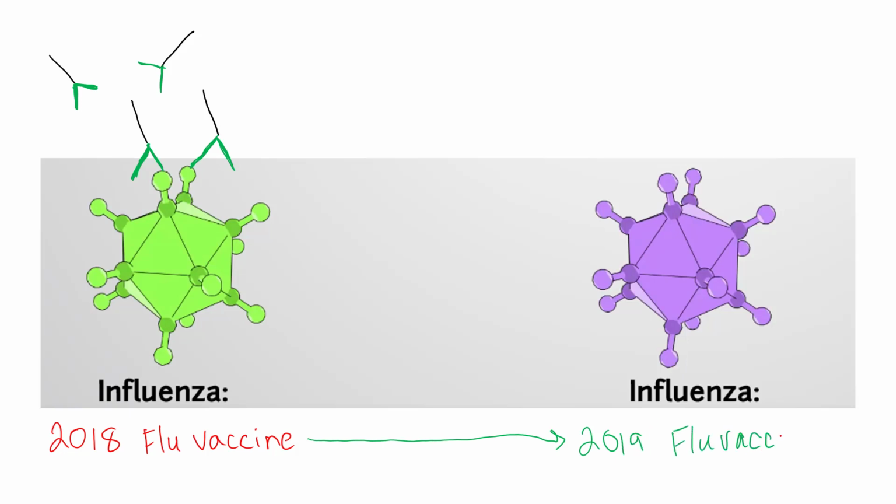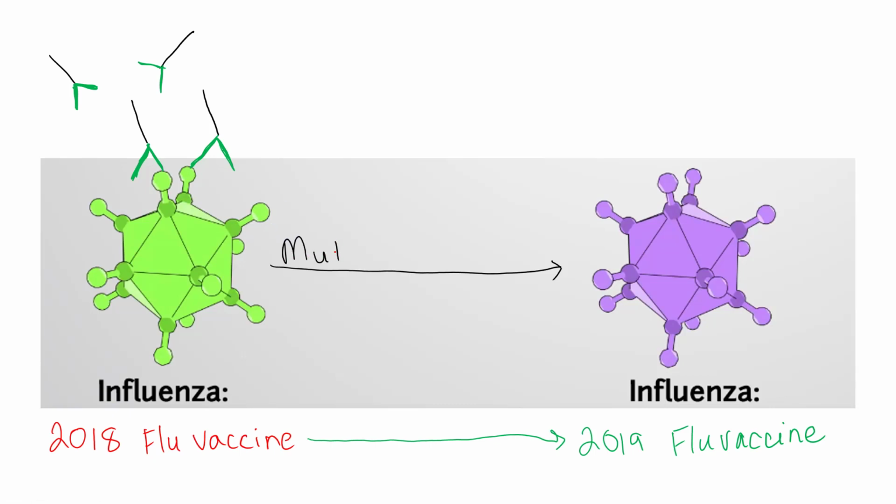And why do we get it again? Well, let's take a look at the flu in 2019. Purple instead of green. What is that really representing? Really, that's showing you something that many pathogens are capable of doing, which is they can change their antigens. And they do this through a process we call mutation, which I know you have studied.